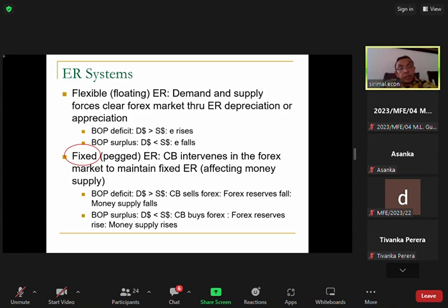Anyway, this fixed exchange rate system did not remain more than about 25 years, when the world realized again they cannot continue with that either. What is the reason?